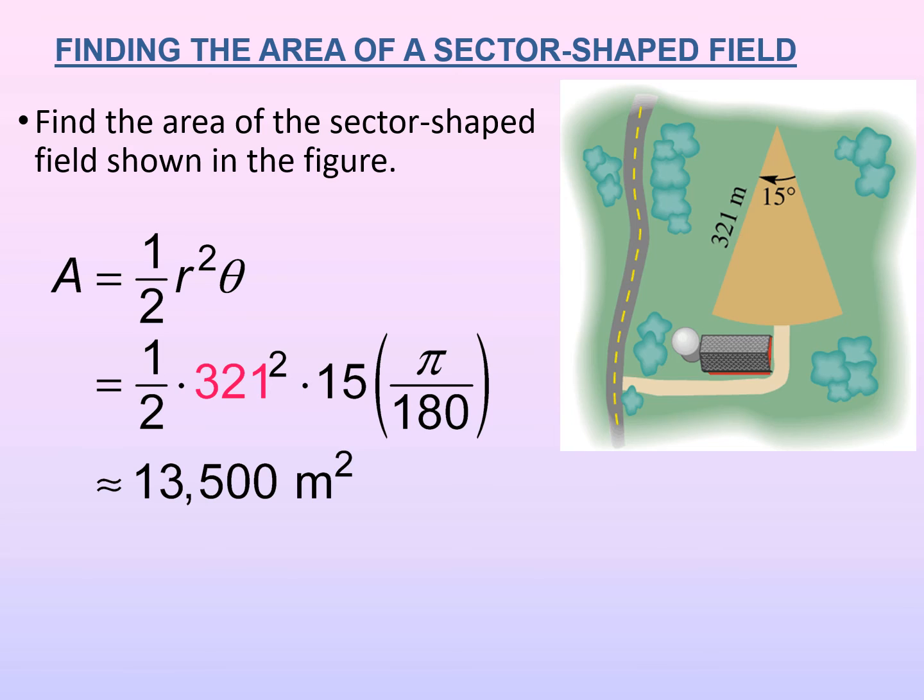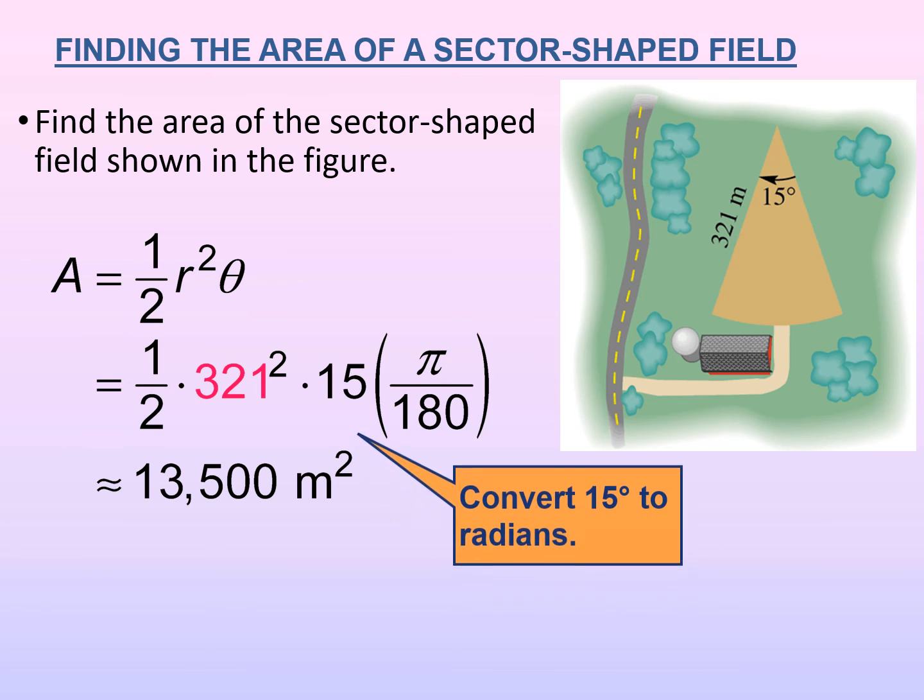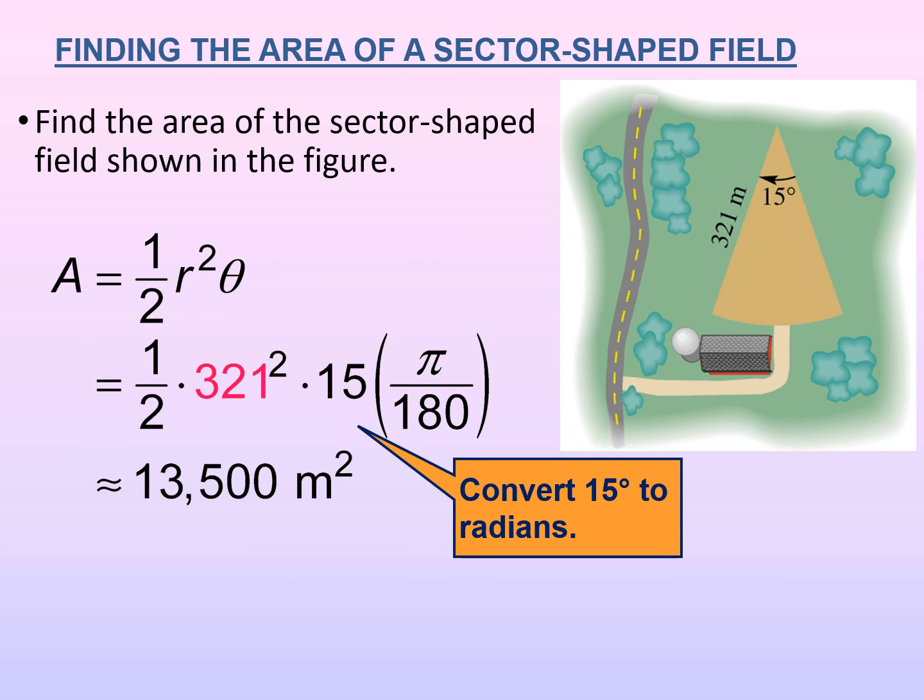But since our theta is expressed in degrees, we are going to convert it to radians. Okay? And to convert it, we are going to multiply it by pi over 180. So from here, we are going to have 1/2 times 321 squared times 15 times pi over 180 degrees. And using the calculator, it is approximately equal to 13,500 square meters.